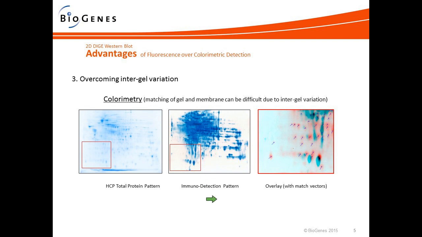Intergel variation between the two gels makes spot matching necessary for evaluation. This can be very difficult, and inexperienced users may make mistakes. The overlay on the right shows a typical intergel variation, on which blue vectors demonstrate the spot pattern shift between the two gels.